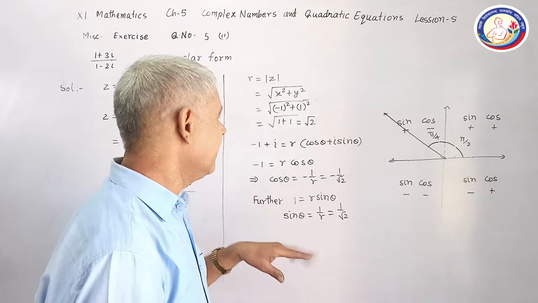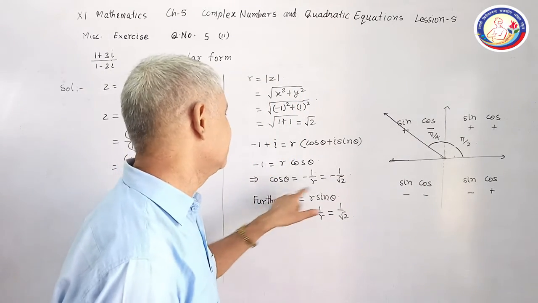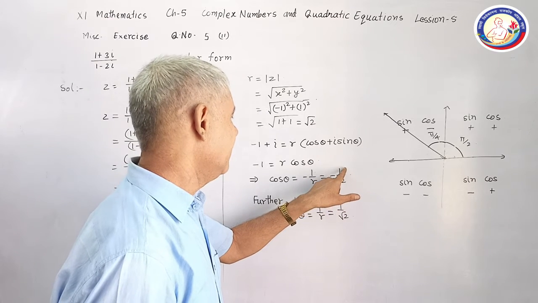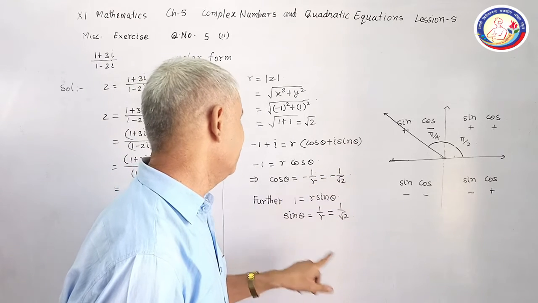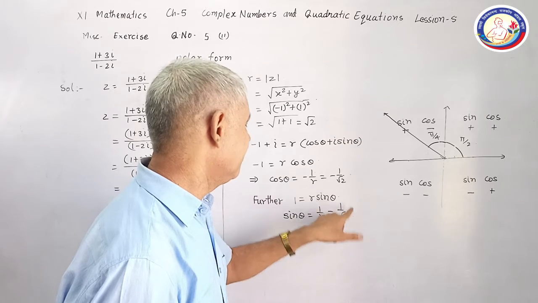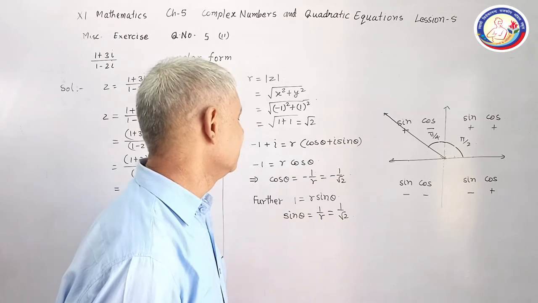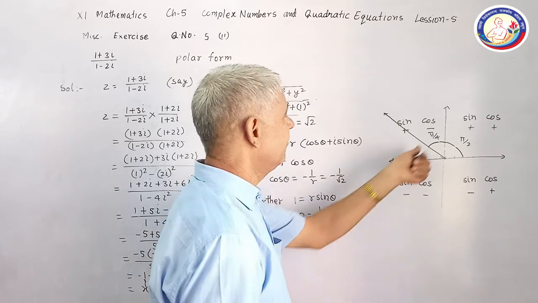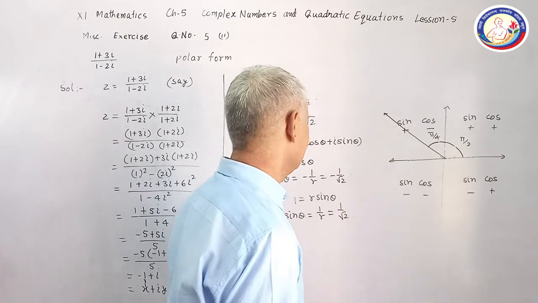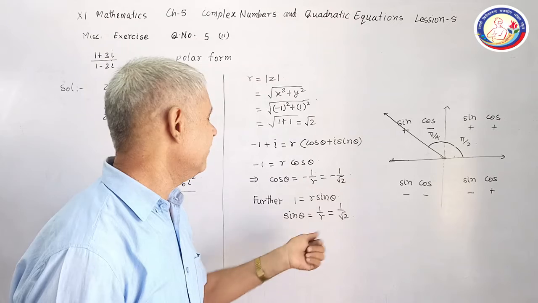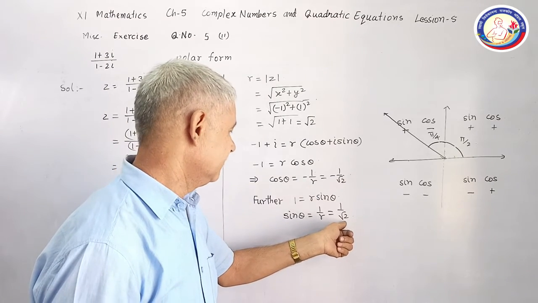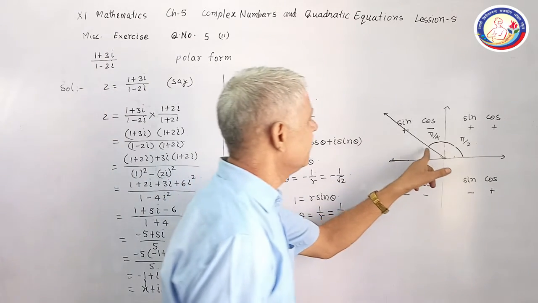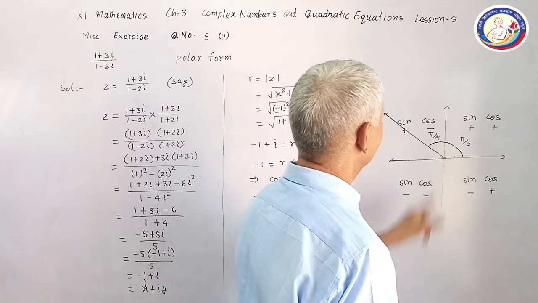I am explaining again, the value of cos theta is minus 1 by square root of 2 and sin theta with positive sign is equal to this. The angle without taking the sign is 45 degree or pi by 4, but cosine is negative and sine is positive, so it will be like this.